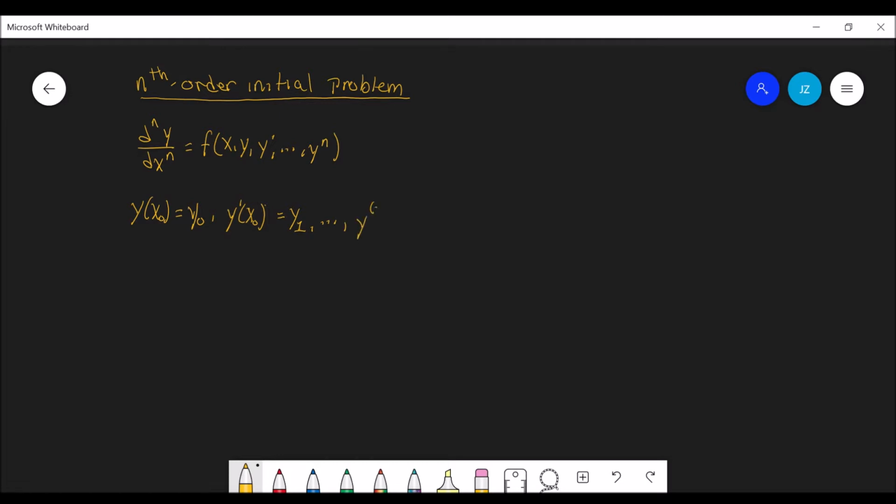The n minus first derivative of y evaluated at x naught is equal to y sub n minus 1, where each of these constants, y naught, y1, up to y n minus 1, are the initial conditions.